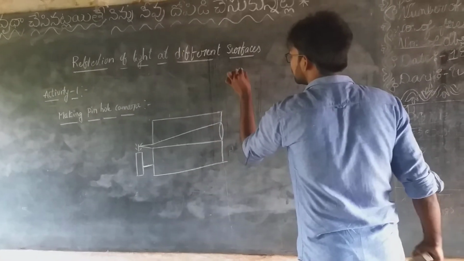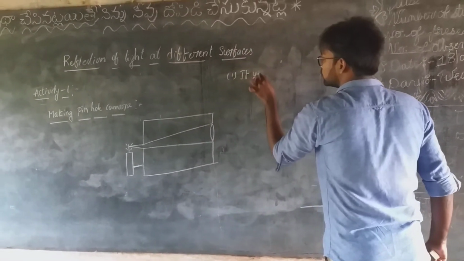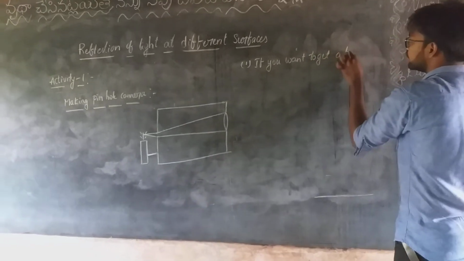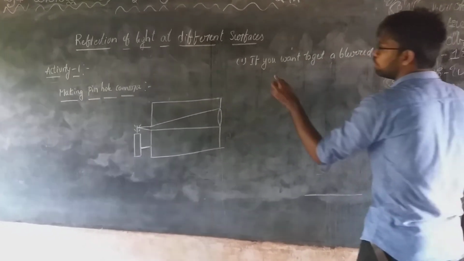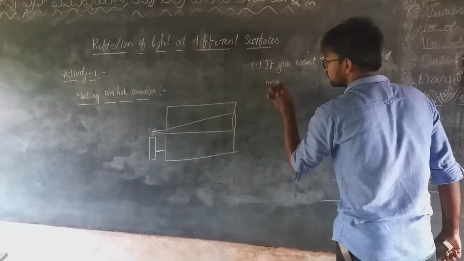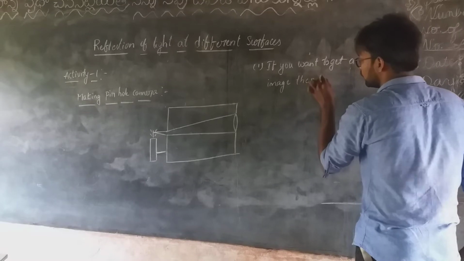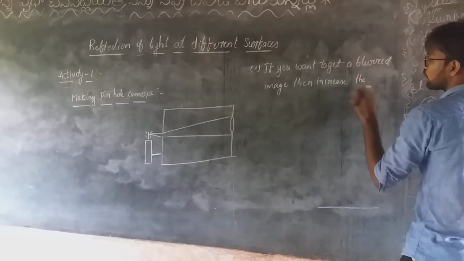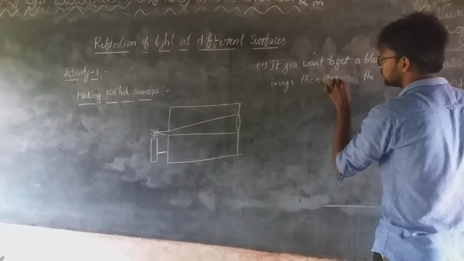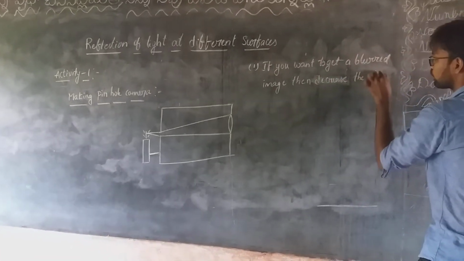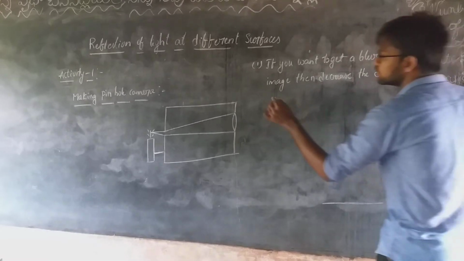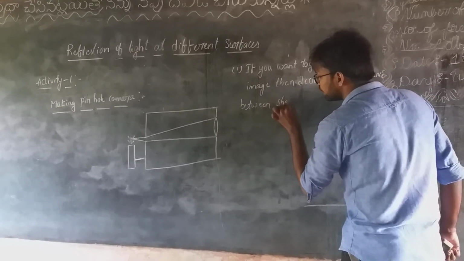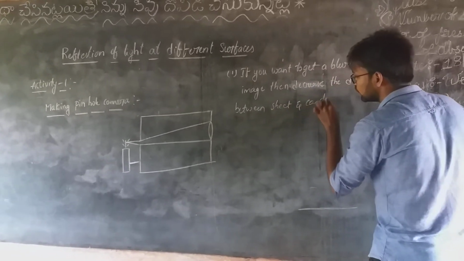Condition number 1, if you want to get a blurred image, then decrease the distance between the sheet and candle.